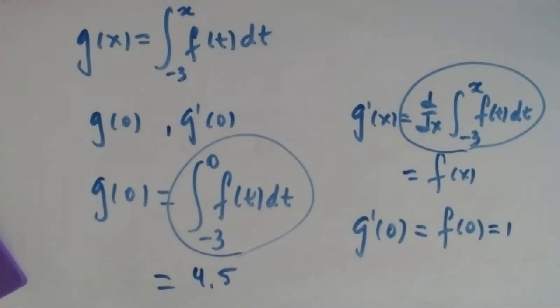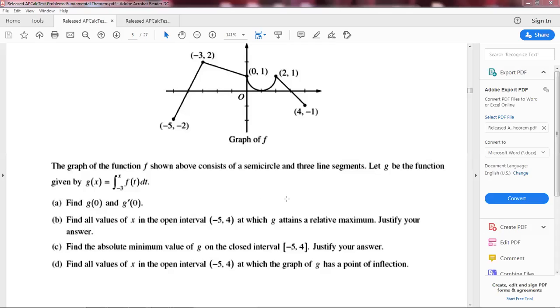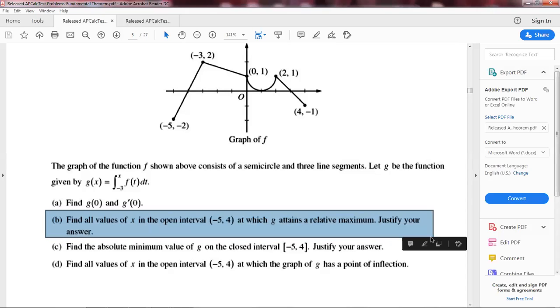And that's the second fundamental theorem, correct? So that's why I put these problems in fundamental theorem. Questions?